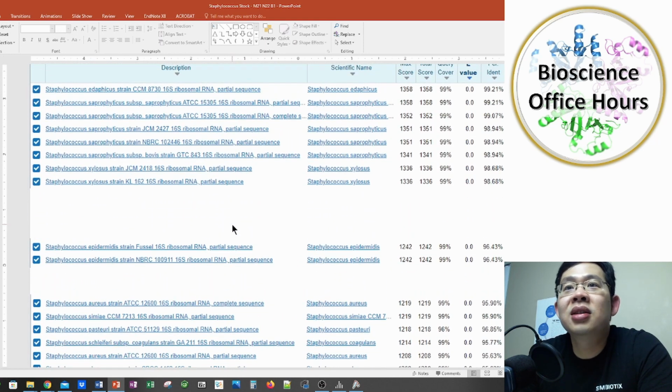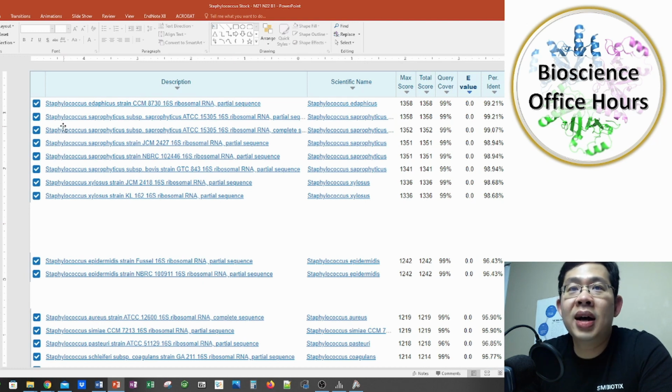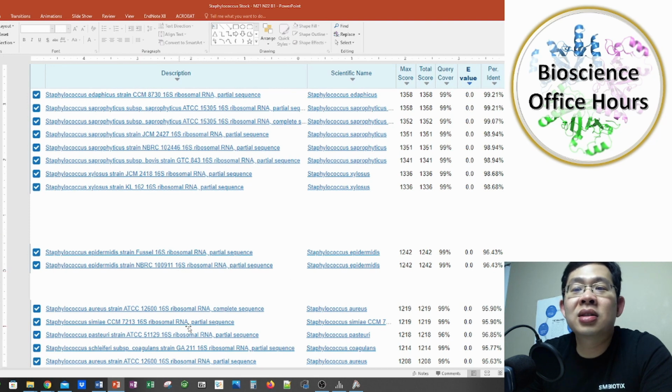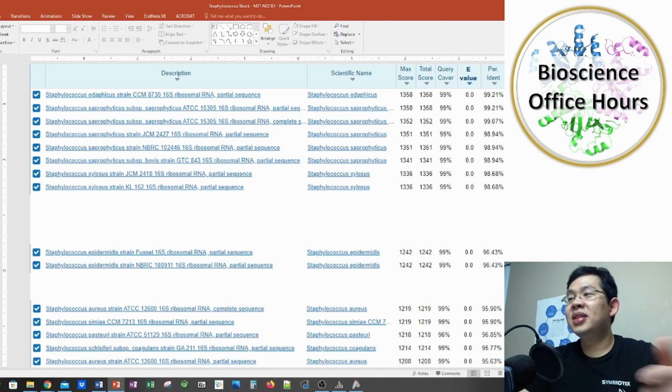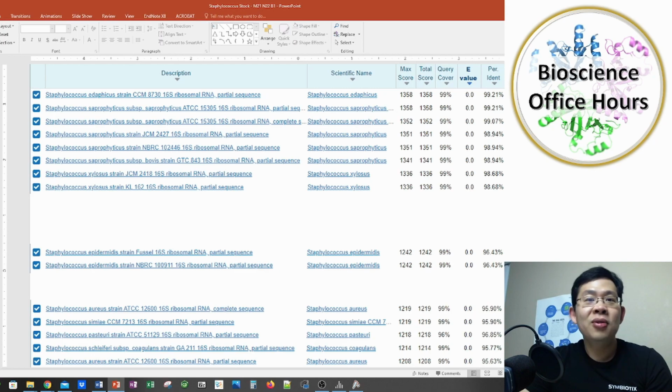So here's just the result from BLAST, right? The first couple of hits, and then all the way down there, here I've put space over there, all the way down there is the Staph epidermidis, and after that there's still other Staphylococcus like Staph aureus and stuff like that. Okay, I think that's pretty much all I want to show you today.